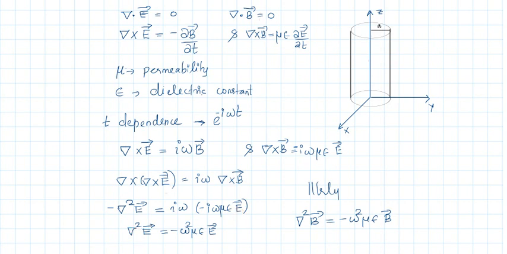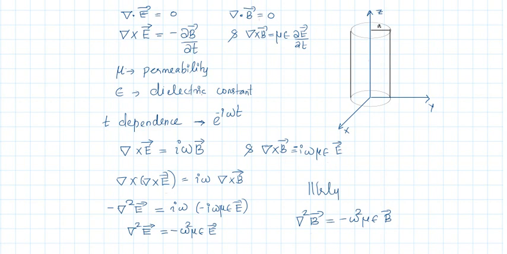Del square E equals this, i times i becomes minus 1, and this minus sign becomes plus, but here already you have a minus sign, so that equation becomes del square E equal to minus omega square mu epsilon into E. Similarly, if you take the curl of the second equation, you will get del square B equal to minus omega square mu epsilon into B.